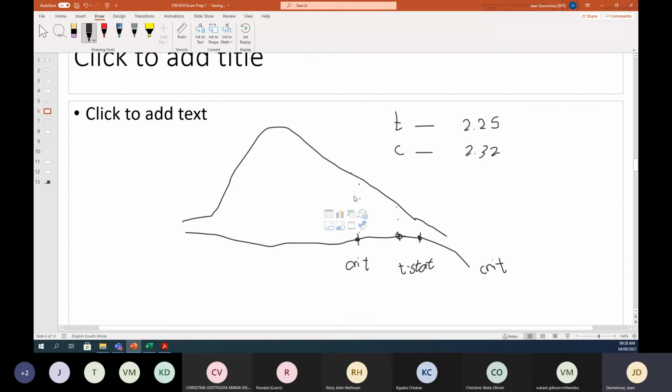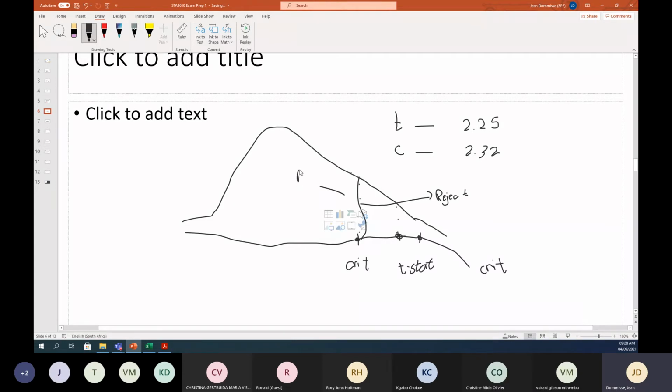Okay, so if my critical value is smaller than the T-stat, that part I reject.